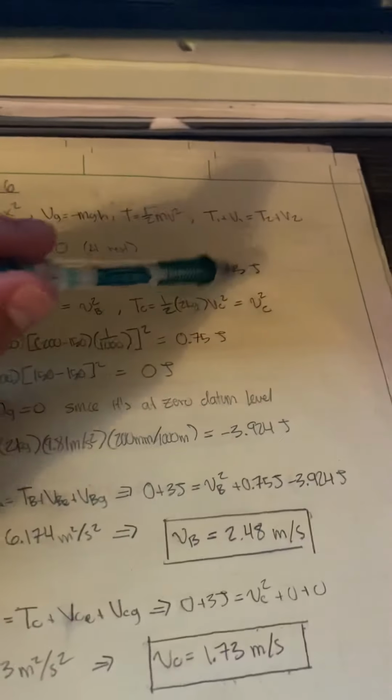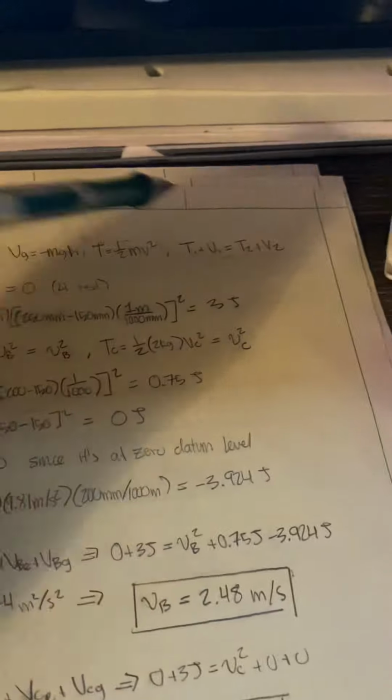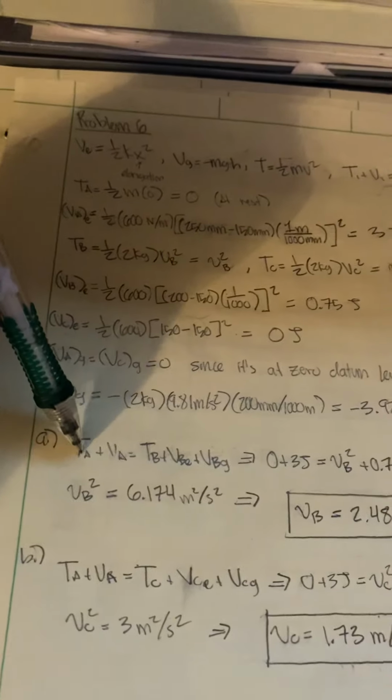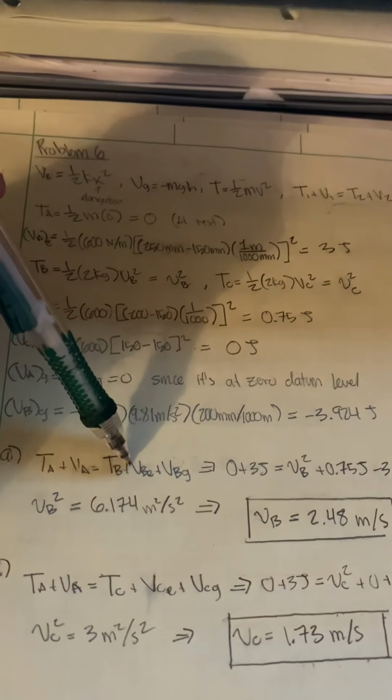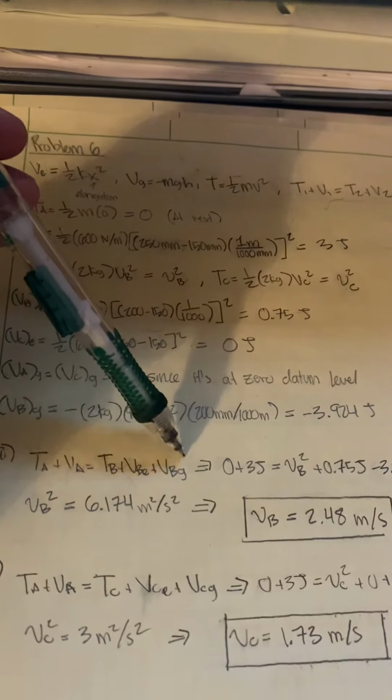All right, and then we go back to this equation to solve for the velocity as it passes through B. So it's TA plus VA equals TB plus VB, with all the energies that we have.